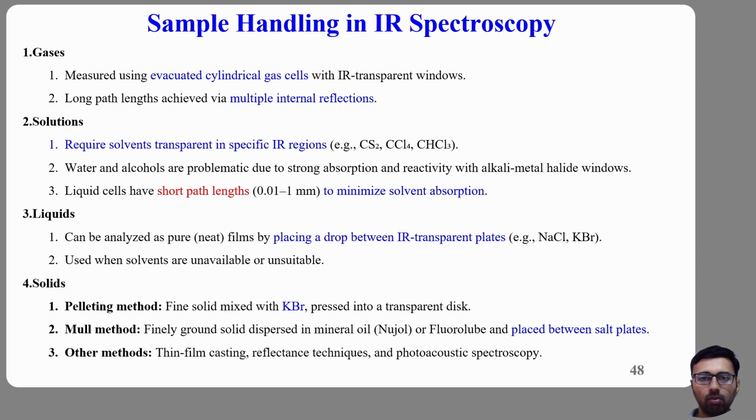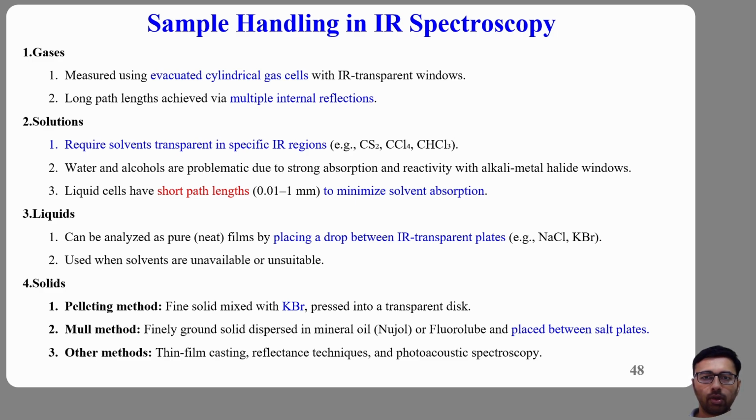Now let us move to solutions. In solution spectroscopy, the solvent itself can absorb infrared radiation. This is a major issue. If the solvent absorbs strongly in the same region as your analyte, your spectrum becomes unreadable. Therefore, we choose solvents that are relatively transparent in important IR regions.